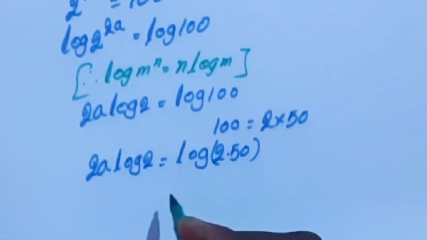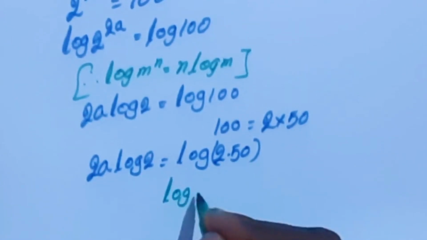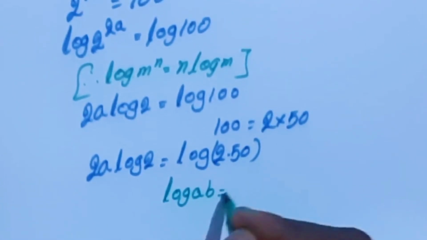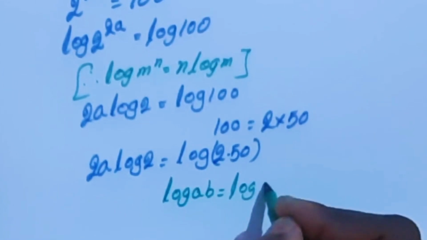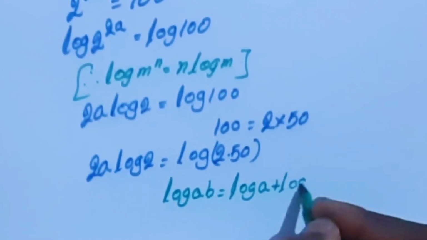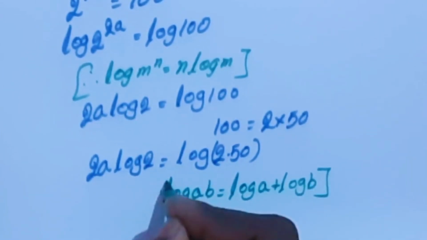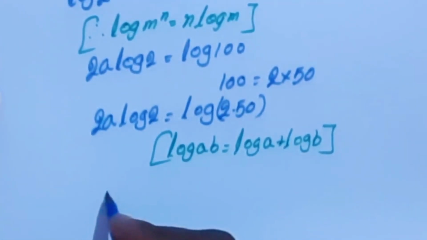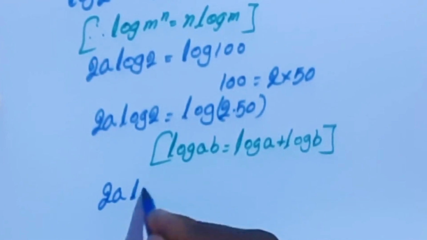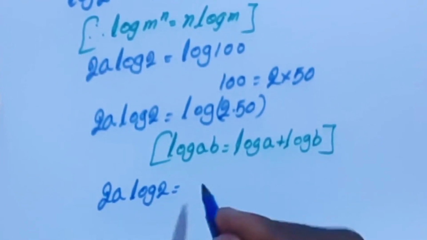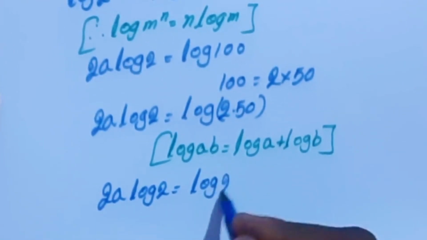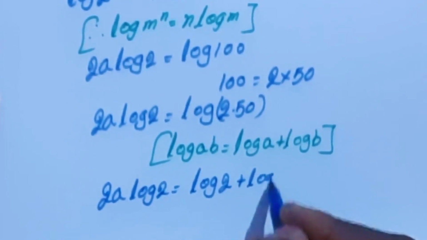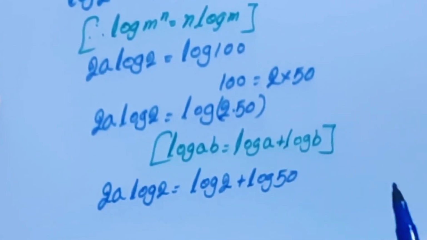Now we are going to apply the log product formula: log ab equals log a plus log b. So we will get 2a log 2 equals log 2 plus log 50.